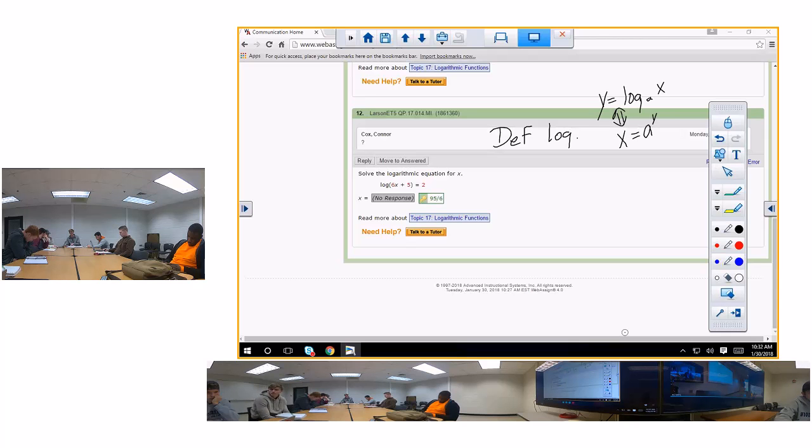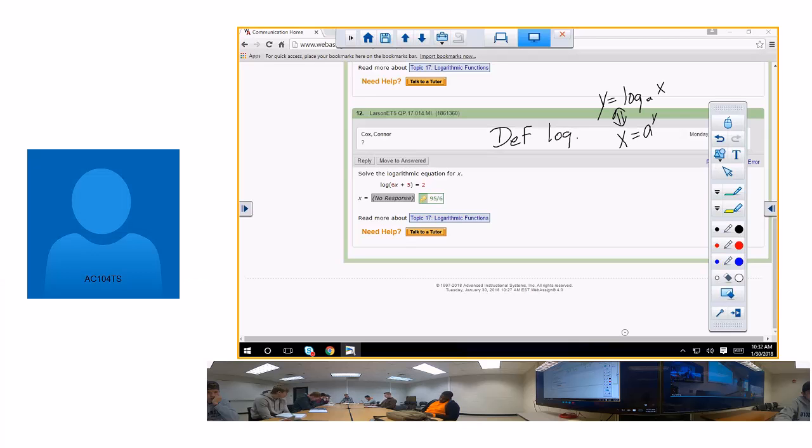All right, so which one is this one written in? It's written a little bit different, but it looks like this: 2 is equal to log, and what's the log? If you don't see a base, what is it assumed to be? 10. Good. Log base 10 of 6x plus 5.